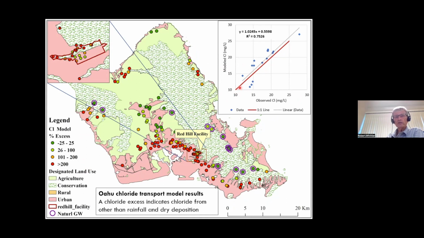We got pretty good agreement with the model, so it does seem to work. And if we look in the Red Hill region, we do see some wells where the groundwater chlorides do agree with that predicted by the model, but overall we have significant excess groundwater chloride. This would be inconsistent with Maui-type flow.